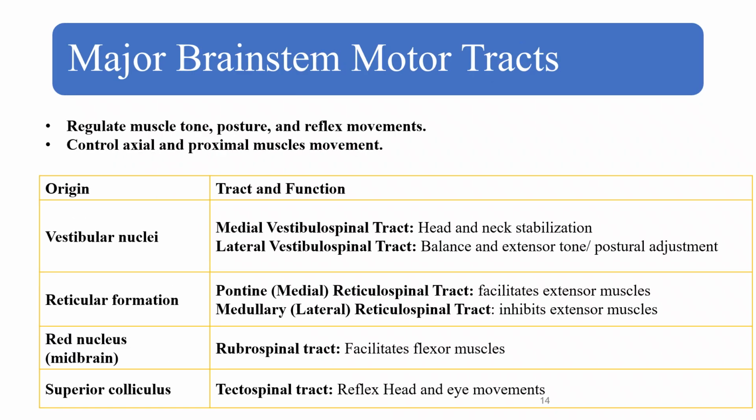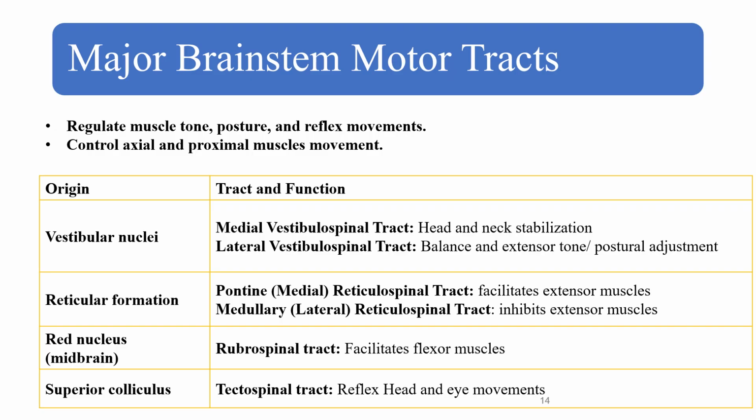Now coming to the major brainstem motor tracts, they are responsible to regulate the muscle tone, the posture and the reflex movement. They control the axial and the proximal muscle movement. Now let's see. The vestibular nuclei give rise to the medial vestibulospinal tract that is responsible for the head and neck stabilization, while the second is the lateral vestibulospinal tract that is important for the balance and extensor tone or simple postural adjustment.